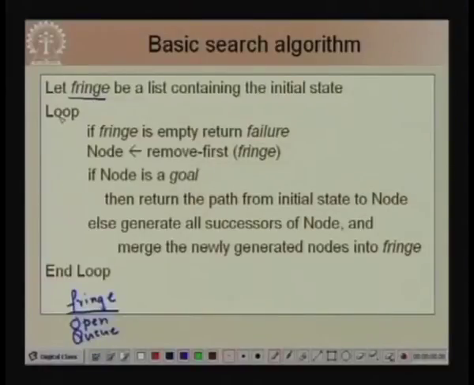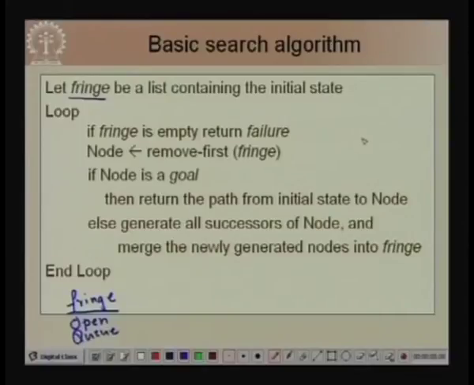The search algorithm will execute this loop. First step, if fringe is empty, if there is no more state to expand and the algorithm has not found a solution yet, the algorithm returns failure.